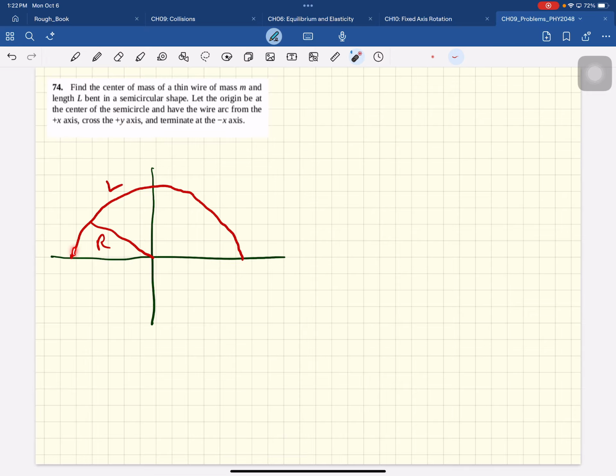You want to find the center of mass of this object. Obviously the x coordinate will be there, from symmetry. The y coordinate will be somewhere there, so we really are finding the y center of mass.